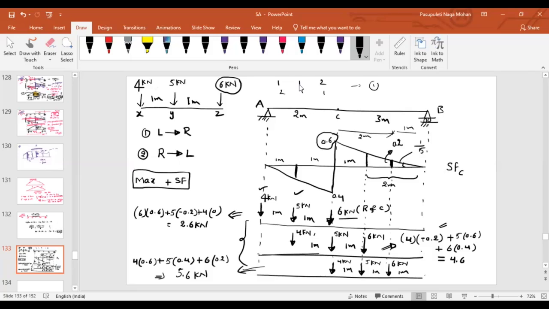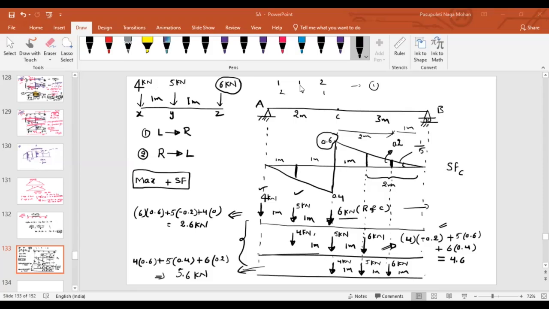They are going into the negative side. So even though you are placing the maximum load directly under the maximum ordinate, still you may not get the maximum, because as some loads are moving onto the negative side, it might not give us the maximum value.